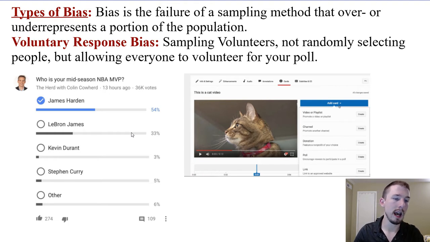So for instance, if like The Herd with Colin Cowherd or whatever, if he was asking who should be the mid-season NBA MVP, it depends on who's following him. The only people who would vote are people who are following him. Let's say that he's very critical of Golden State.